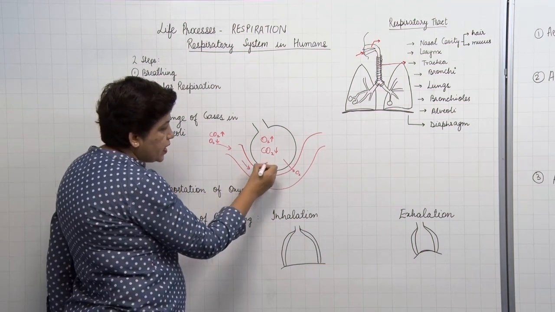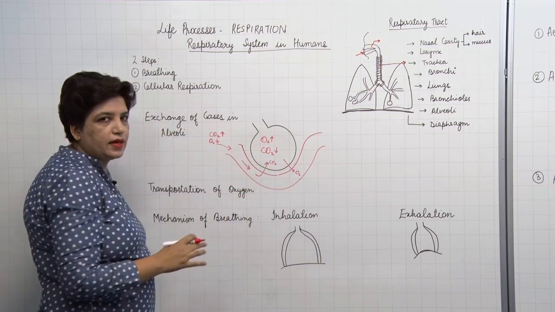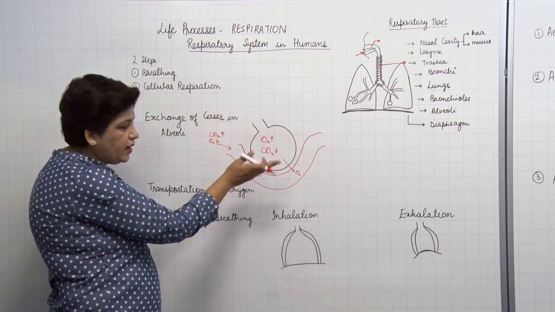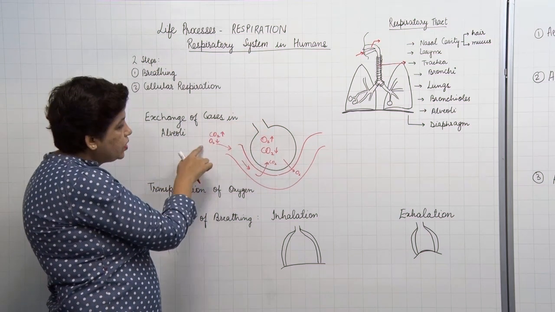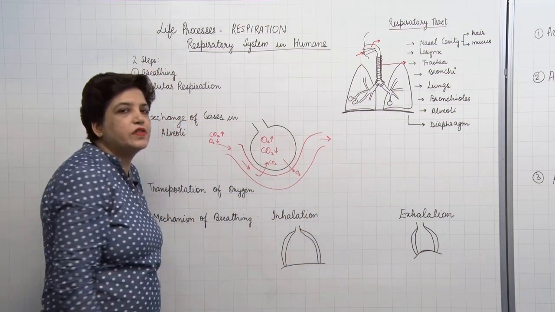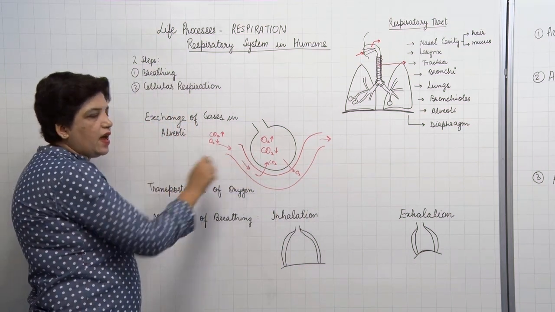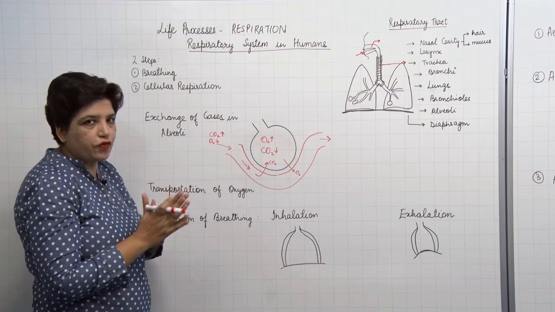So, carbon dioxide travels in this direction, from blood to alveoli. So, what is happening? Oxygen is moving into the blood while carbon dioxide is moving out of the blood vessels. This deoxygenated blood becomes oxygenated as it leaves the lungs. So, the actual exchange of gases takes place in the alveoli.